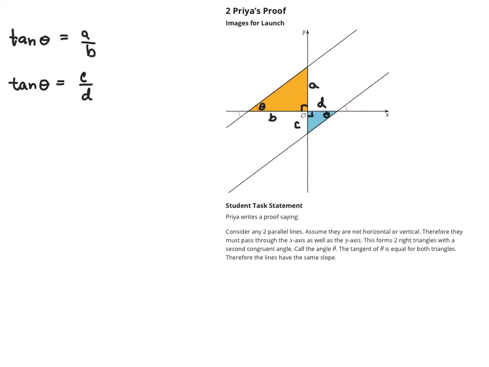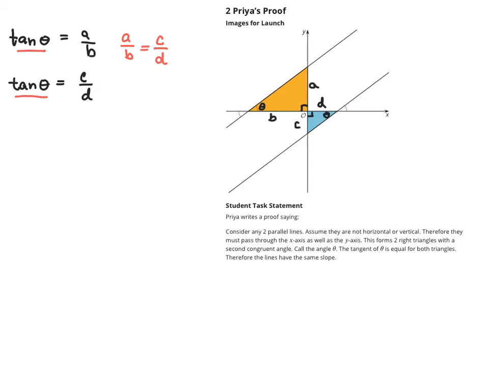We do know that tan theta and tan theta are the same. We've already said that the two angles are equal. So A over B equals C over D, right? Those two things are equal because the angles are exactly the same.